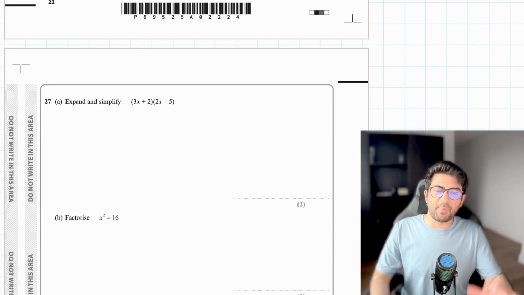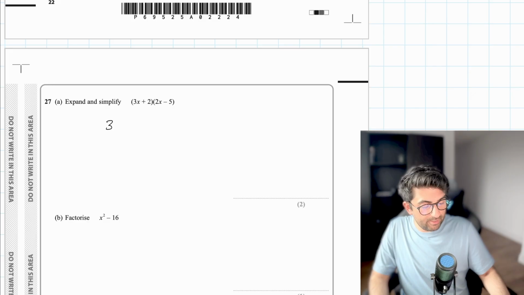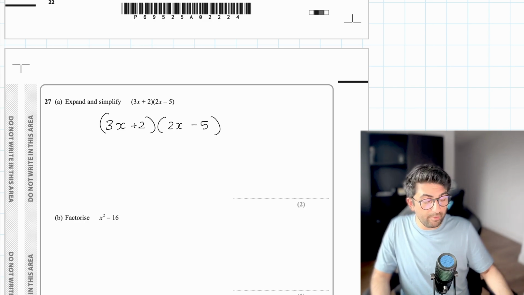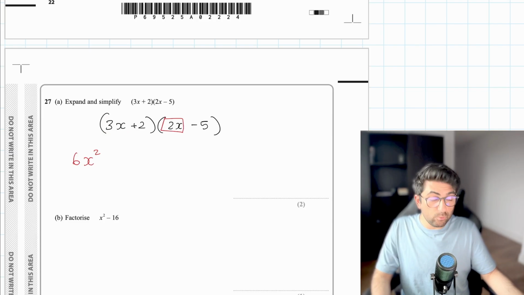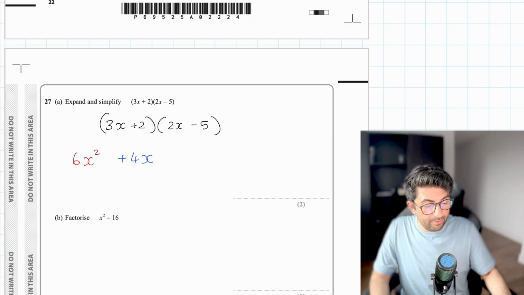Question 27, it says expand and simplify, so this is algebraic expansion. The question says 3x plus 2 times 2x minus 5. Okay, so the first one is we multiply this one and this one. That is 6x squared. Next, we multiply this one and this one, which is positive 4x, and then we multiply this one and this one, which is negative 15x.